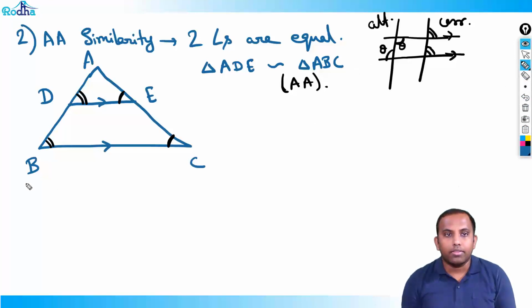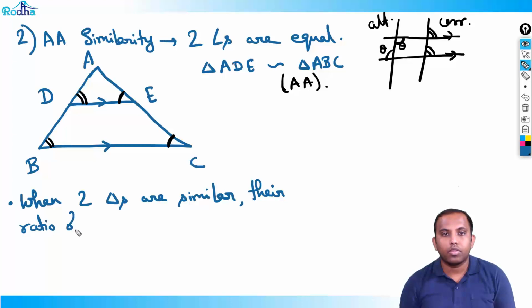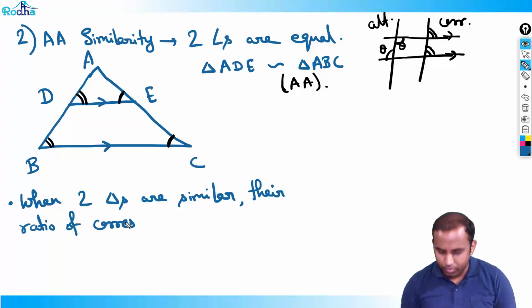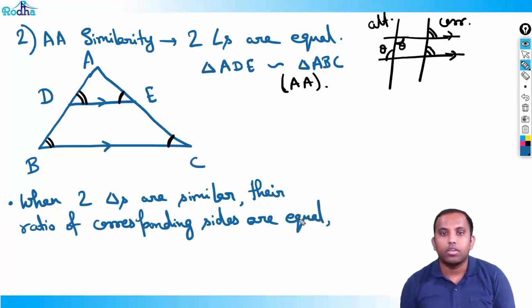When two triangles are similar, it means that the ratio of corresponding sides is equal.